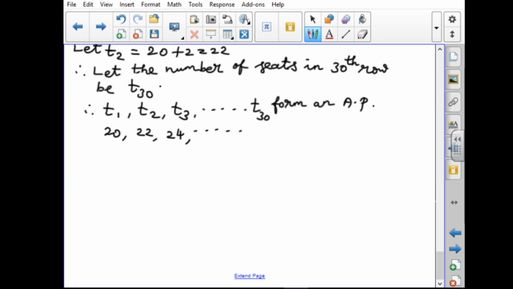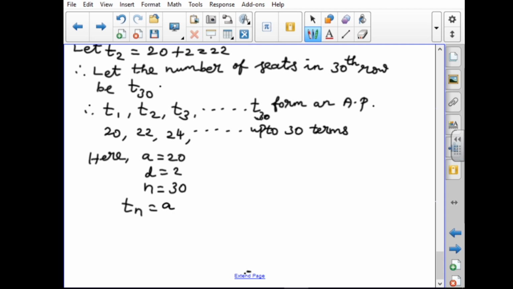Like this, we continue the process up to 30 terms. Here, 20 is the first term, so a equal to 20 and d equal to 2 and n is 30 terms. We need the 30th row, so we want to find T30.